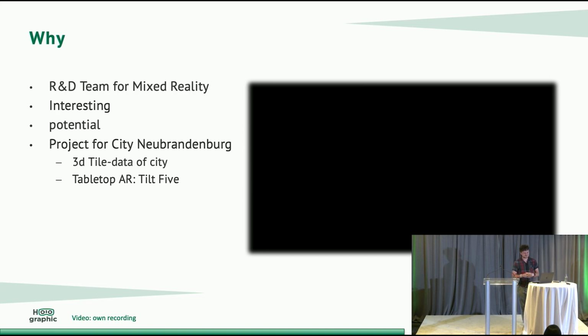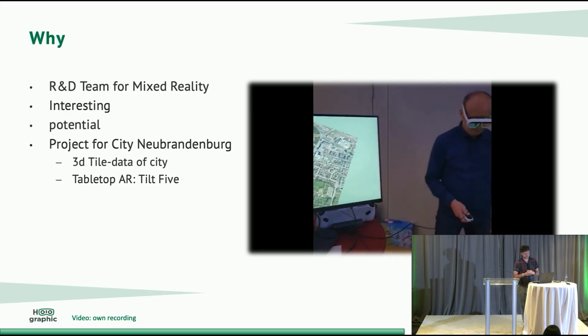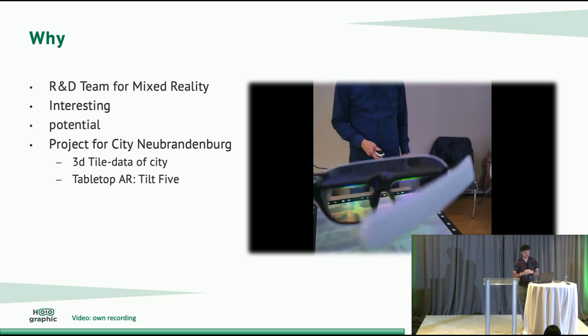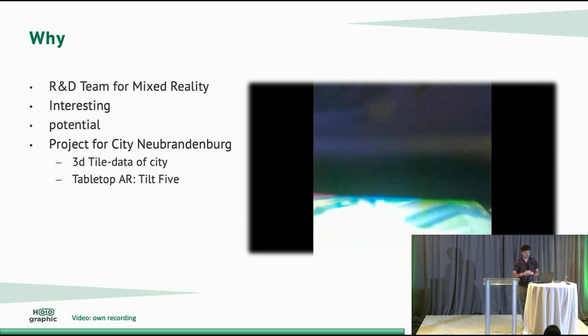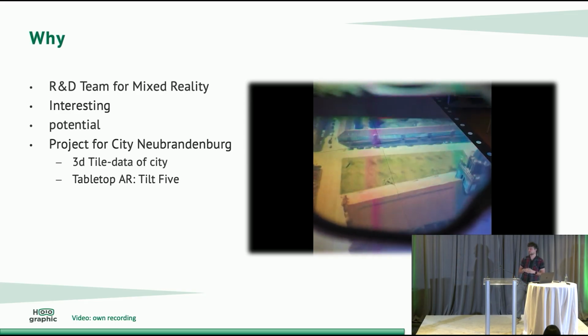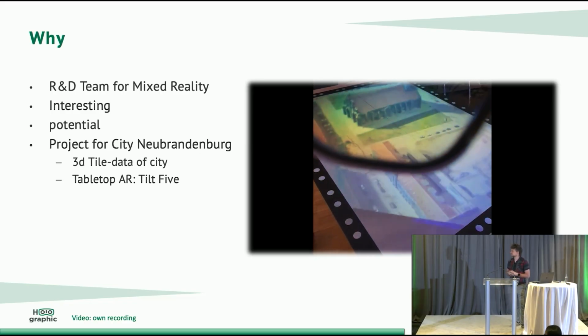But the potential is still there. Last year was the first time I used Cesium. The city of Neubrandenburg, which is a small city north of Berlin, asked us if we could display their 3D model of the city, which they just got through public funding.